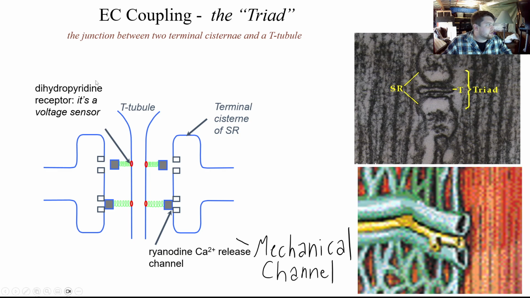So we have DHP being the voltage sensor, and then the ryanodine calcium release channel that is attached to the terminal cisternae, and both of these are attached to each other. So the DHP receptor is a voltage sensor. This ryanodine is known as a mechanical channel.